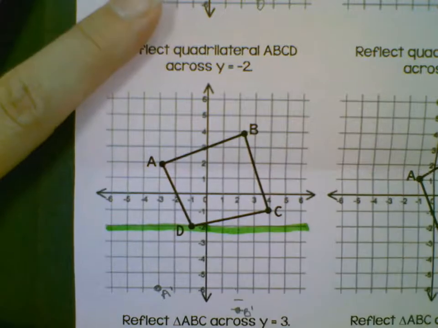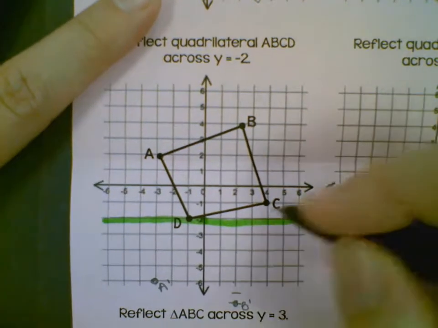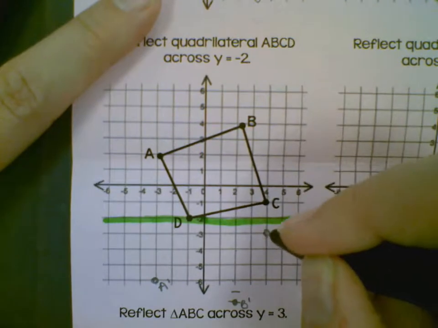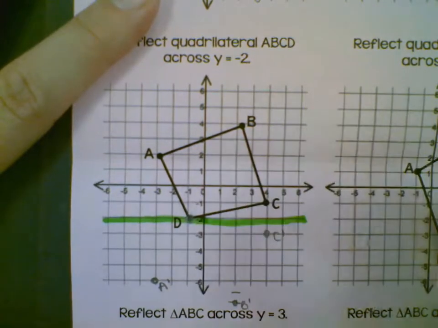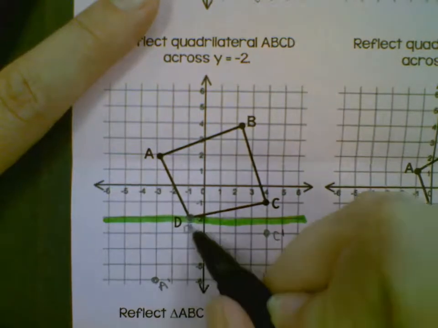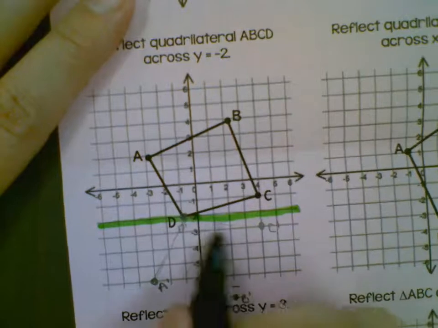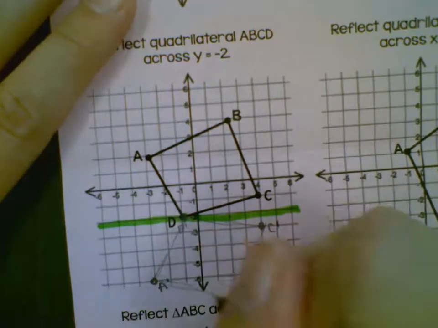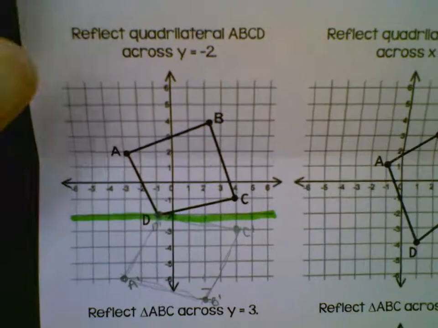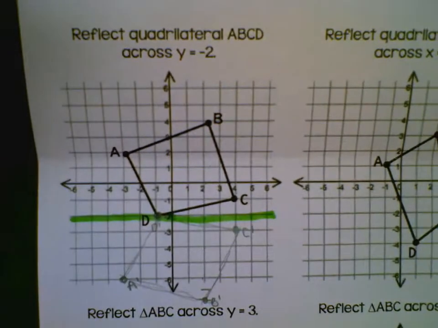It doesn't really fit, so I just drew some lines on there. C is 1 above, so c prime will be 1 below. And d prime is on the line, so it doesn't change at all. That's where it's going to stay. D prime. And that is how to reflect over a line that's not an axis.